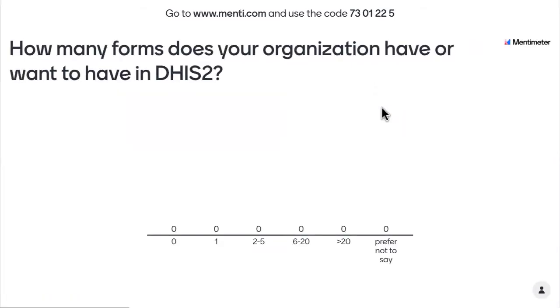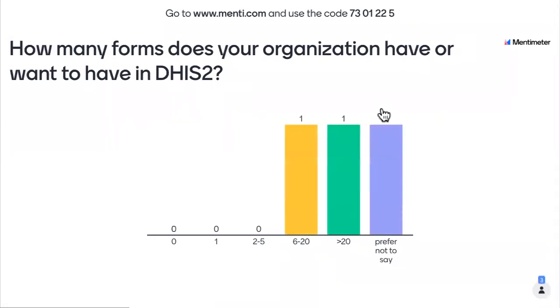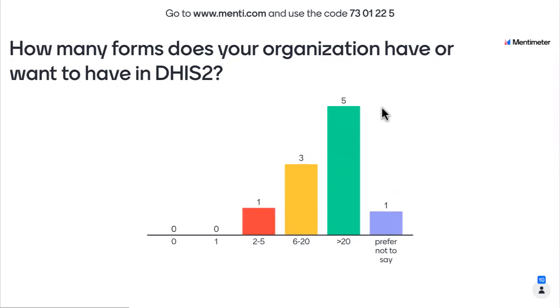All right. Okay, so now let's get into forms. How many forms does your organization have or want to have in DHIS2? Okay, some large numbers there. Where's the greater than 100?